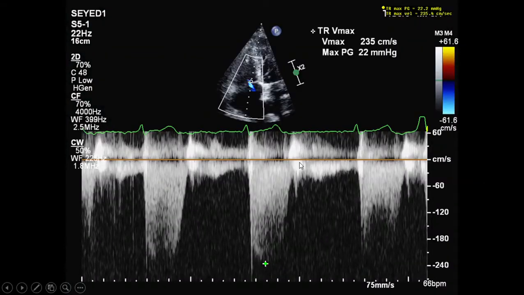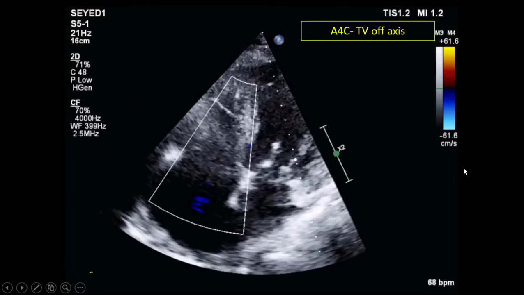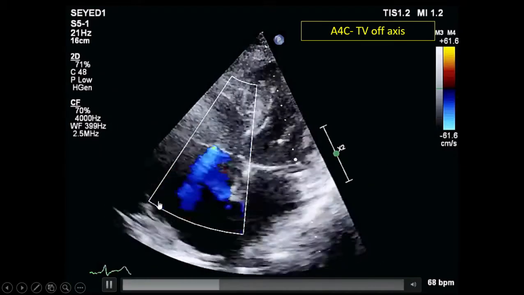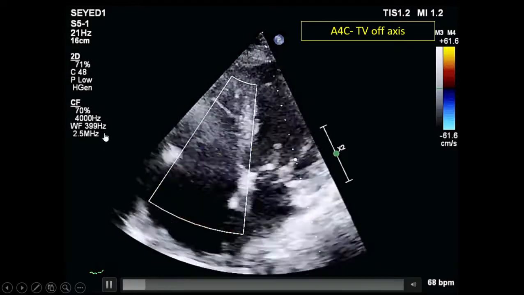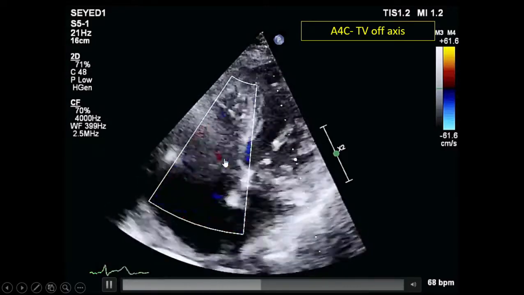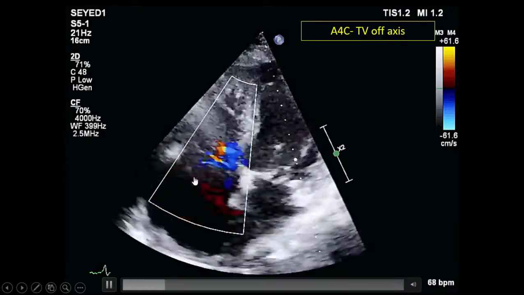Let's look here. In that view, the TR jet maximum pressure gradient will be 22, the maximum velocity 235. But if we go a little off axis of the tricuspid valve, what does off axis mean? We just move our probe more medial, especially when the jet is septal or our cursor is not parallel to the jet.